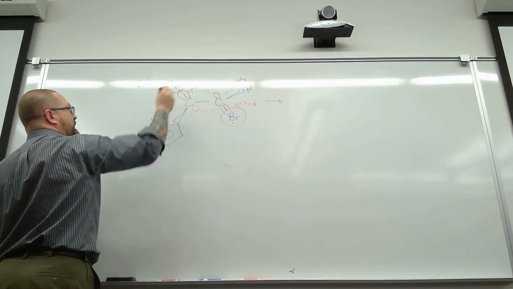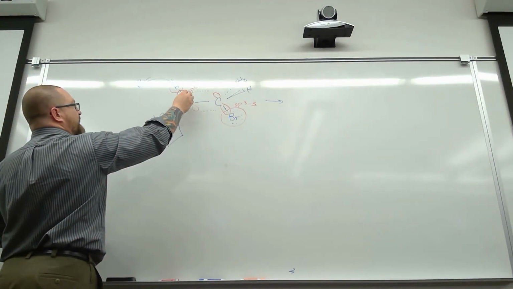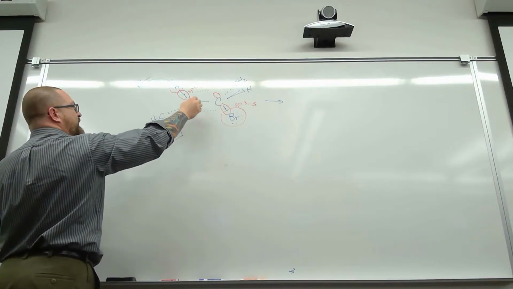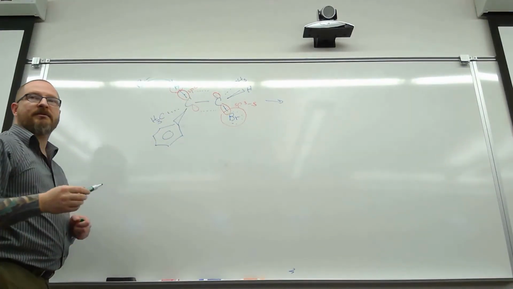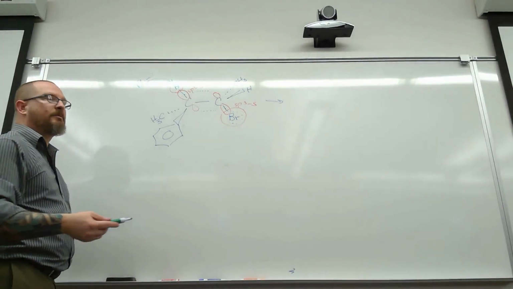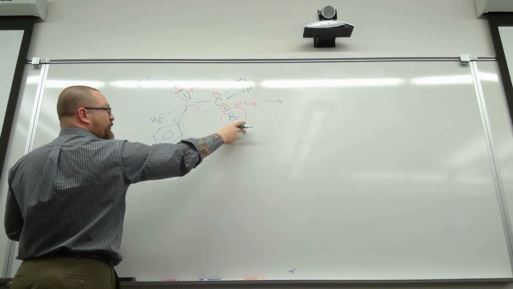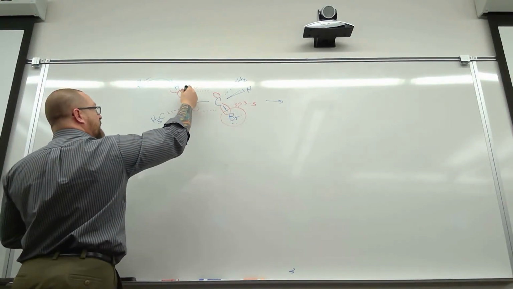So we have to do something with these electrons. In some cases, you would see these electrons just be housed on this nucleus as an extra pair of electrons, a negative charge. We've seen that in some mechanisms. But in this case, because we have this great leaving group, these electrons can come down here.